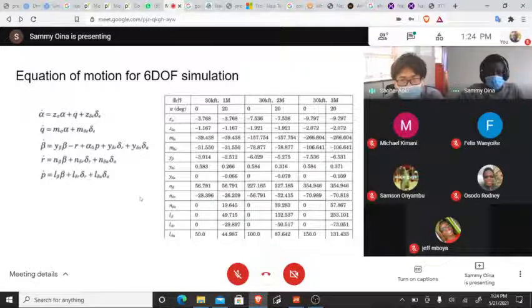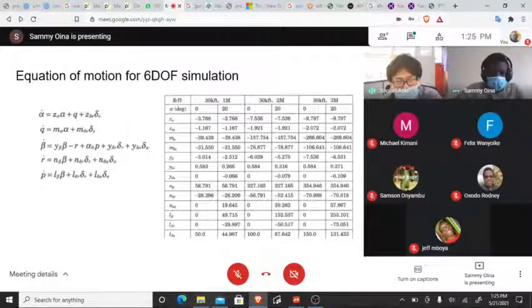So this is the equation of motion. I didn't indicate what alpha, q, beta are, but this is common when you read a textbook of flight mechanics. Alpha is the angle of attack, and q is the pitching rate, the angular velocity. Beta is the side slip angle.